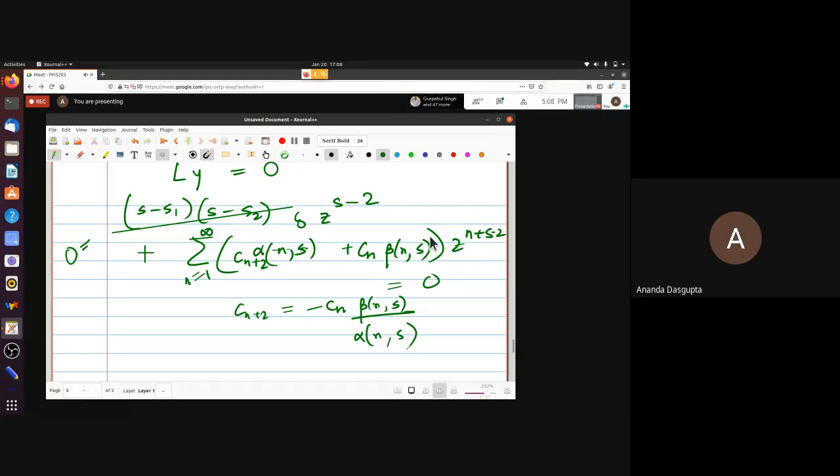I did not use any particular value for s. I just said, okay, let's just write it down. Just write Cn plus 2 is minus Cn beta of n comma s by alpha of n comma s. So of course, this coefficient will depend on s. So the ratios which you get for successive n will all depend on s. But using that, I can build up the power series.